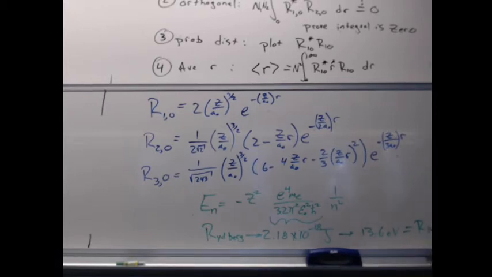I might have to change the range. Yeah, I got to change the range. Ooh. That's not what I was expecting. Did I define something wrong? Hang on a second.